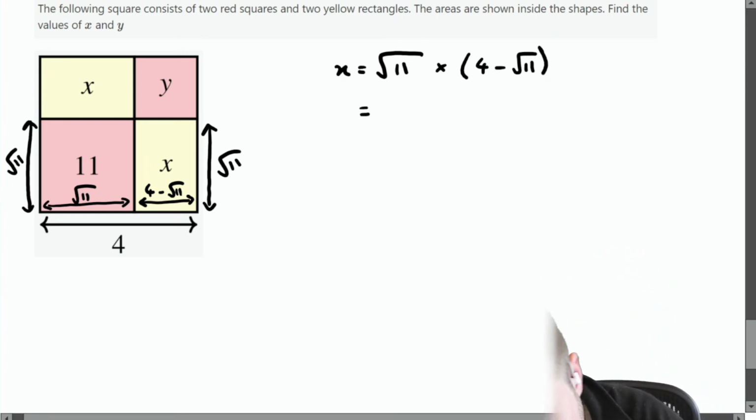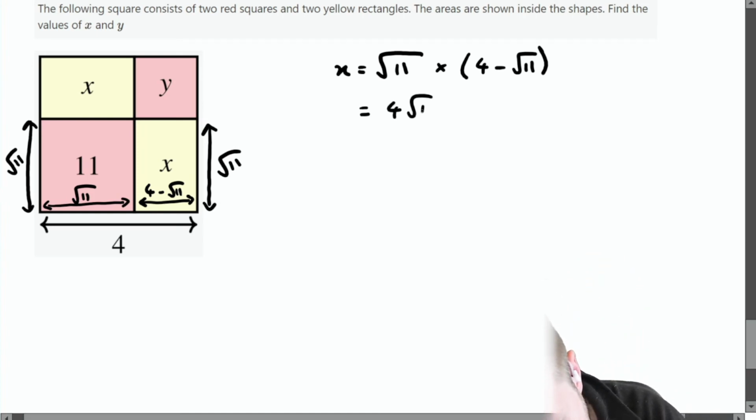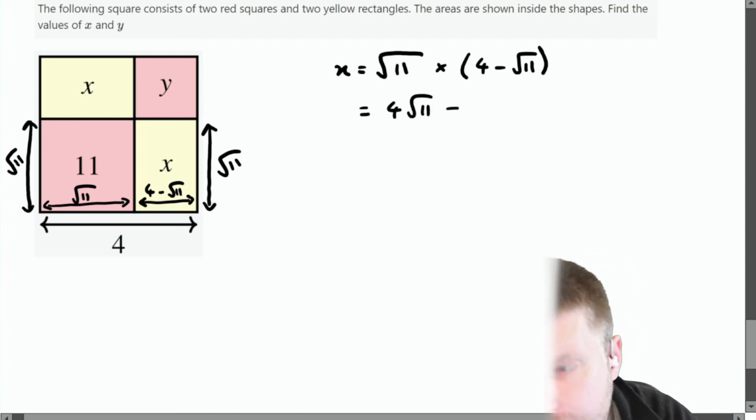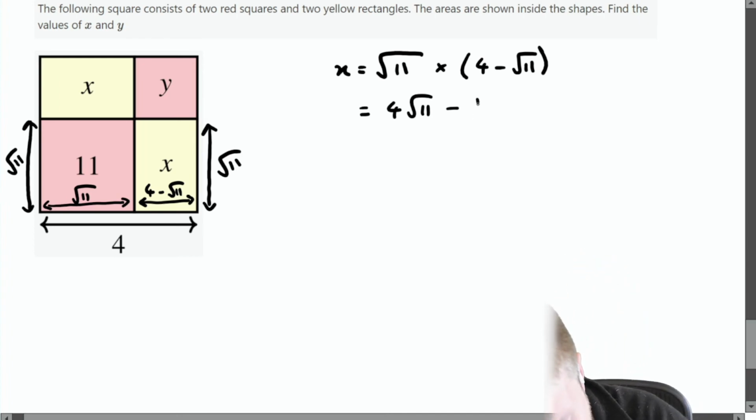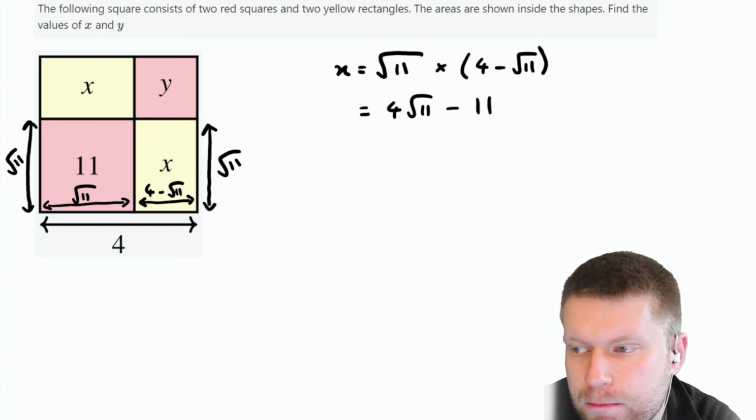So just use my distributive law. I get root 11 times 4, which is 4 root 11, minus root 11 times negative root 11, that's going to give me negative root 11 squared, which is 11. So in other words, I know that x is going to be 4 root 11 minus 11.